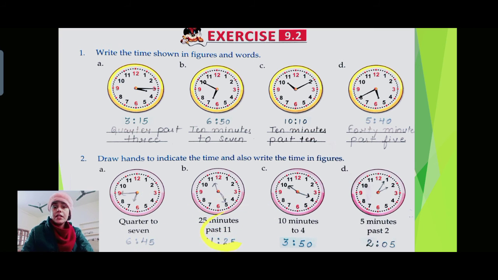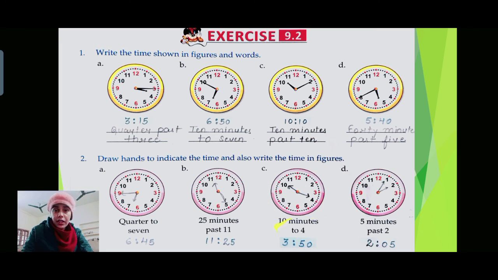Similarly, 25 minutes past 11 means, children, hour hand is on 11 and minute hand is on 5. It will become 11:25. Similarly, 10 minutes to 4, 4 bajne mein 10 minute kam. That means hour hand will be in the middle of 3 and 4 somewhere, towards 4 more, and your minute hand, of course, will be on 10.